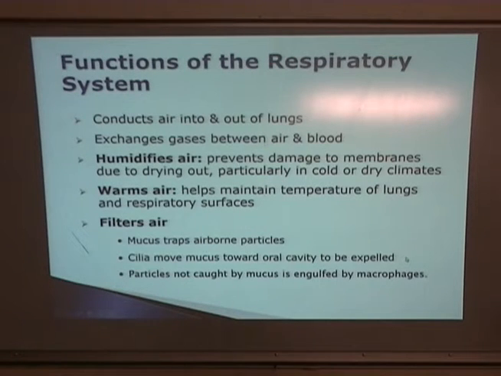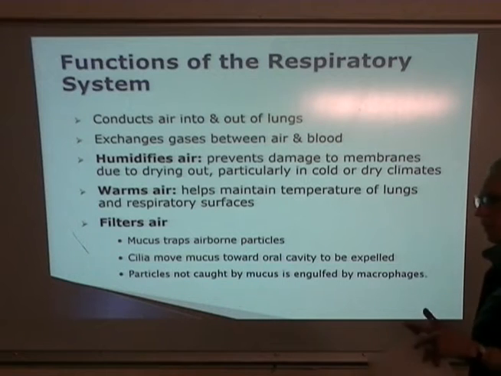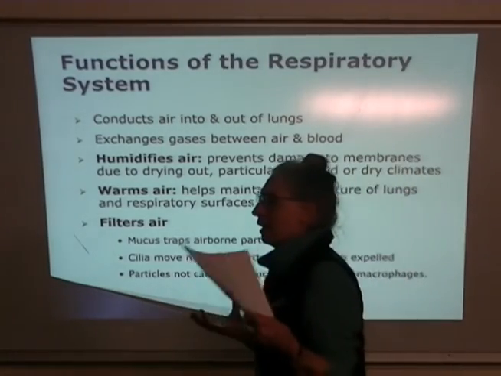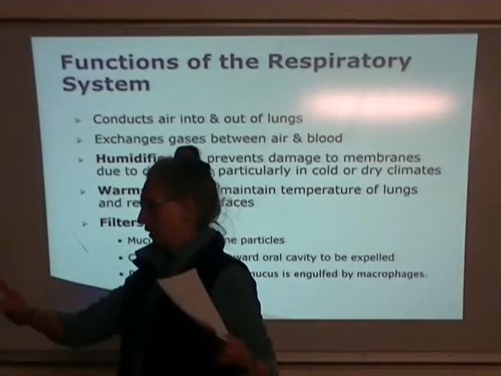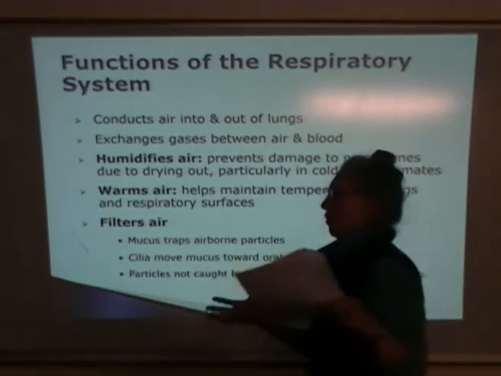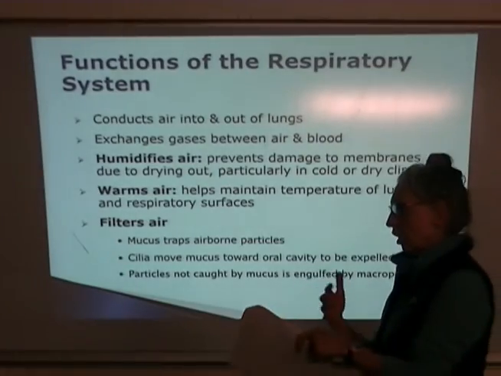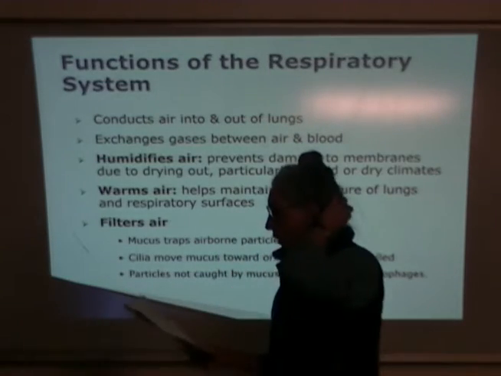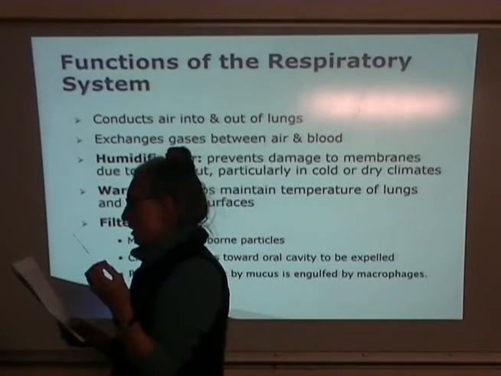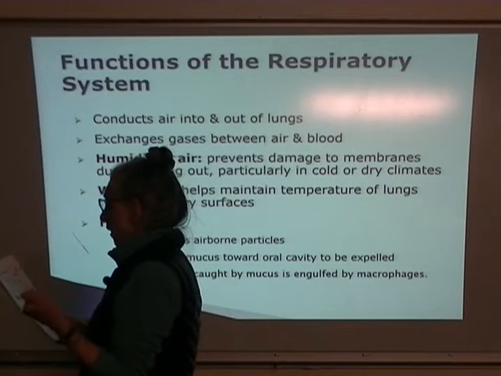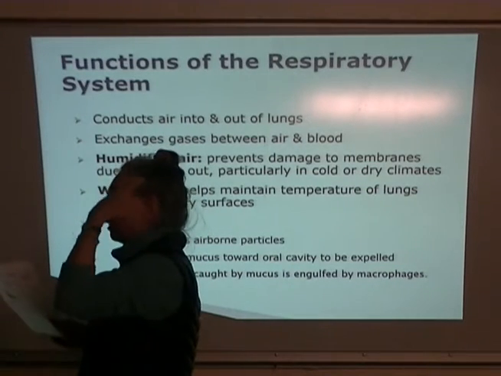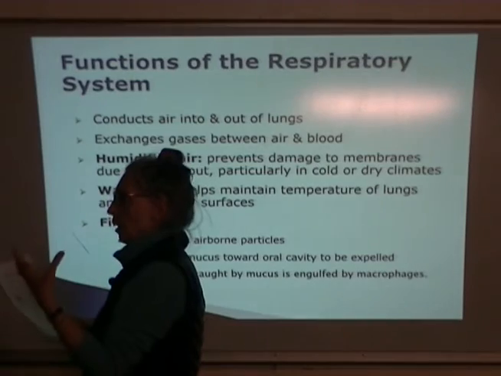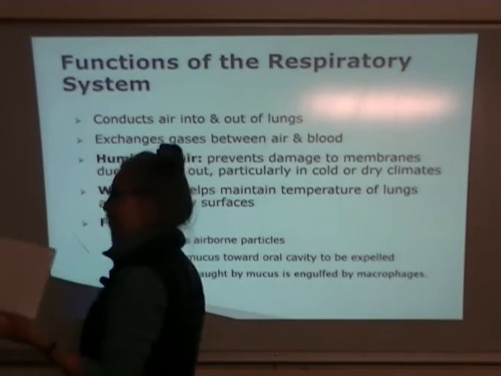So the functions of the system: get air in and out of the lungs, because the air has the gases that we need to absorb and to get rid of. All right, so we've got a mechanism for gas exchange across the membranes in the lungs. It also adds some moisture to the air because the lung tissue, kind of like brain tissue, is very, very delicate. And if it dried out, then it wouldn't be able to perform the gas exchange, right?